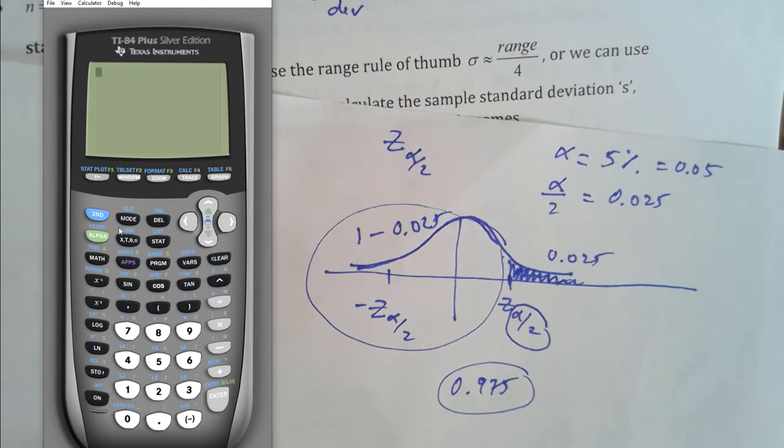So what we do now, we go 2nd, distribution, and go to invNorm. This is the normal distribution curve, so we are looking for the inverse. Remember, the inverse function is used when we know the value of the area and we would like to know that x value. The area is always the area to the left of that point. We are looking for this point, and that area to the left is 0.975.